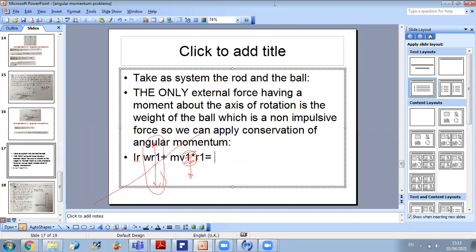I will have inertia of the rod times angular velocity of the rod at state 2.